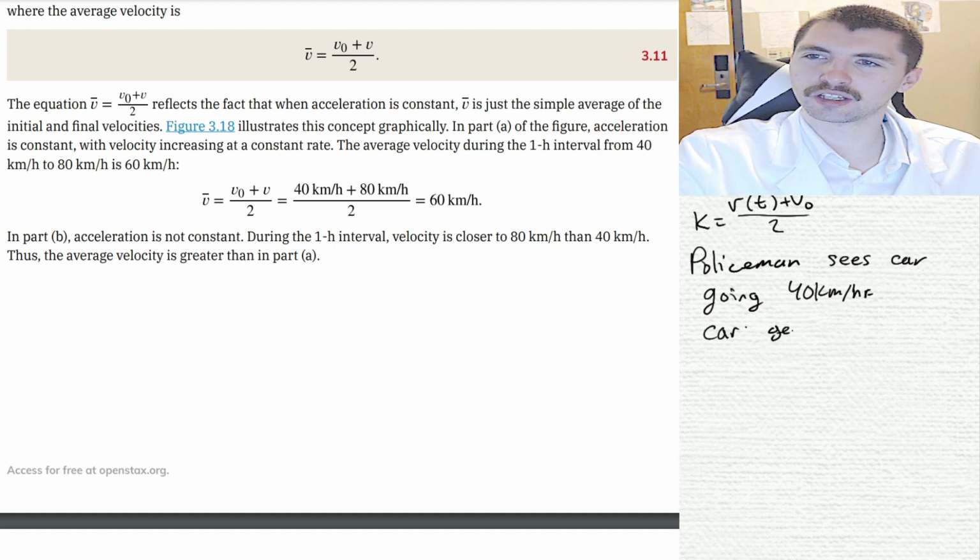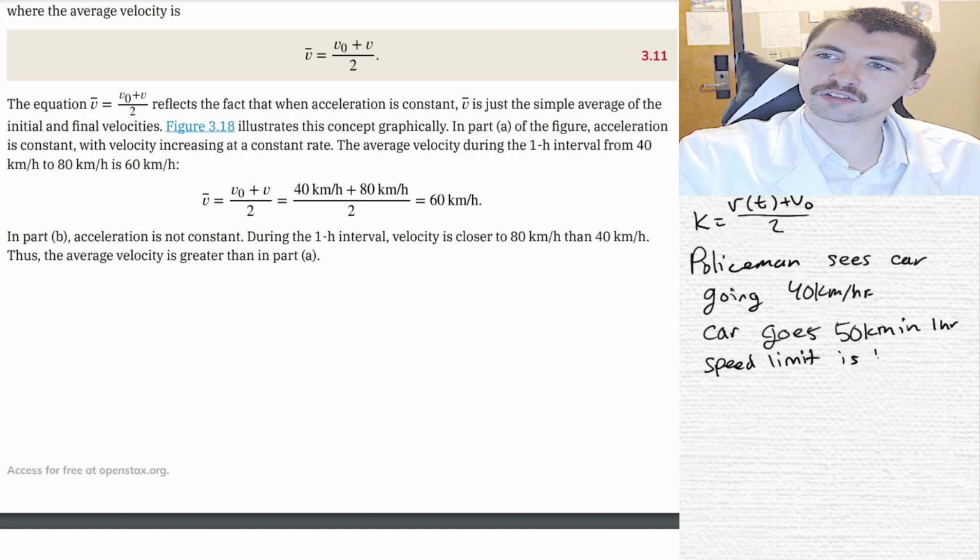Let's say the car goes 50 kilometers in 1 hour, and let's say the speed limit is 40 kilometers an hour.